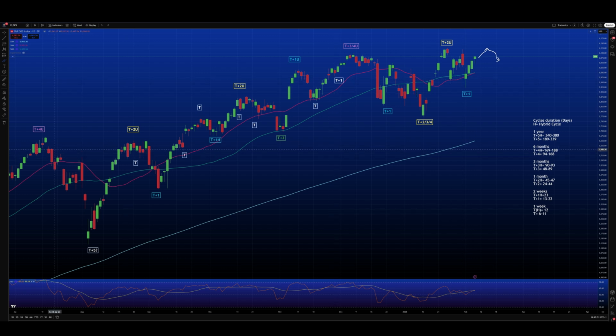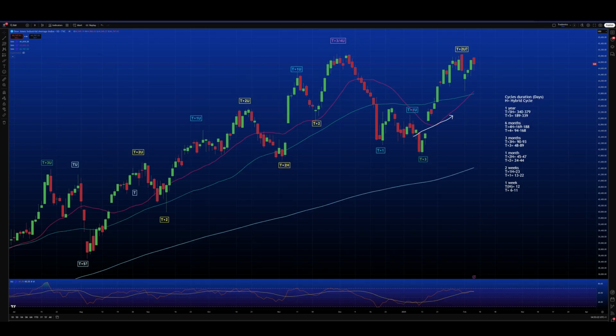Okay, in any case, we have a strong uptrend for the Standard & Poor's 500, so unless let's say a short-term downtrend, then the rally is healthy and can continue to the upside.